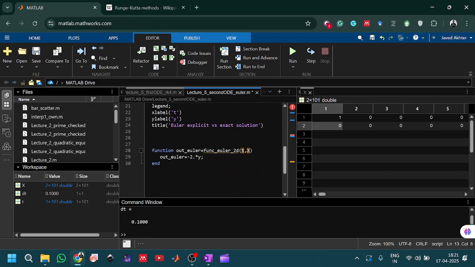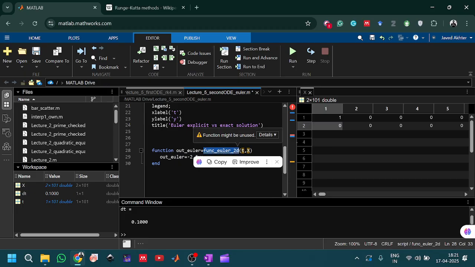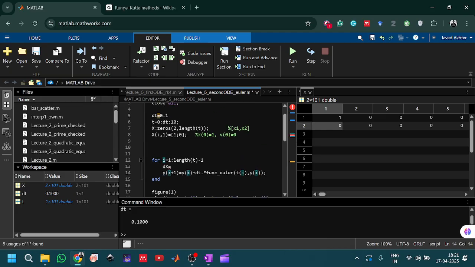So dx, and you want to call the function, so you are calling the function here, and then you have to pass this x value. So how will you write it?